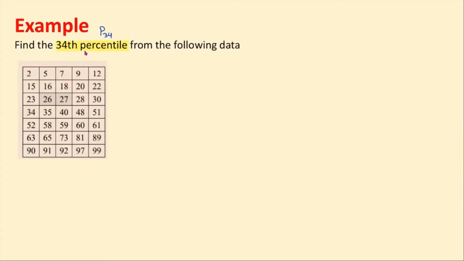So for the location, we have the formula: i equals K divided by 100, multiplied by N plus 1. So in this one, we are looking for the 34th percentile.